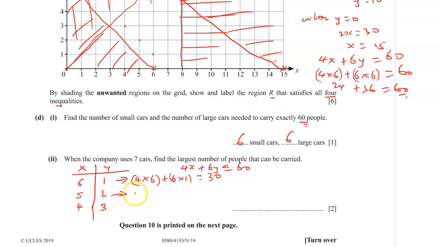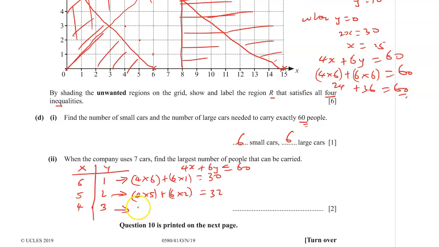This one should be 4 times 5 plus 6 times 2, 20 plus 12, this is 32.